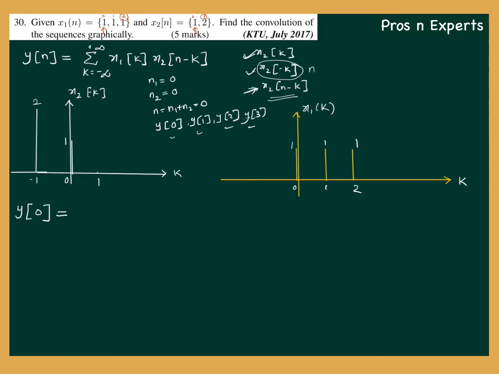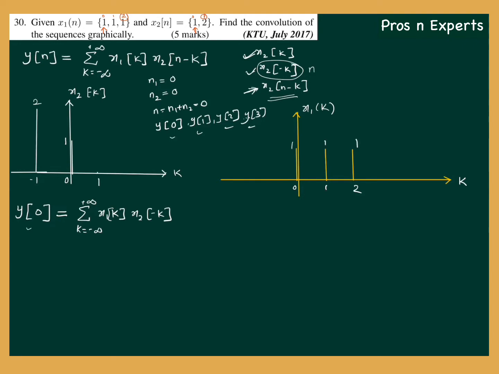So in the LHS, as we have put a 0 for n, wherever you find n in the RHS, that also should be made 0. So sigma k equal to minus infinity to plus infinity x1 of k into x2 of 0 minus k, which is actually x2 of minus k. This is the first expression you need to evaluate to obtain y of 0.